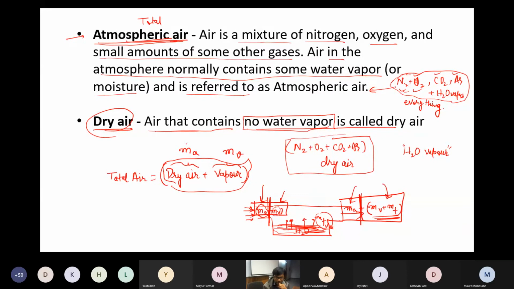But you see that the dry air mass has not increased, because nitrogen, oxygen, carbon dioxide and argon are dry air, and I'm not adding any of them. I am just adding H2O. So H2O is going to be added here, not here. That is why m dot a1 is equal to m dot a2.